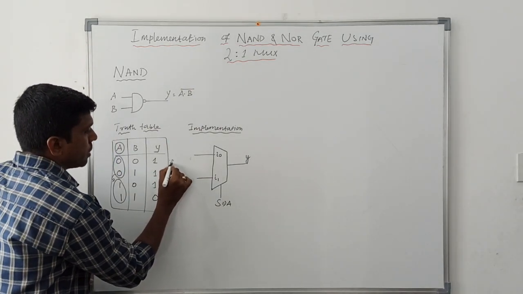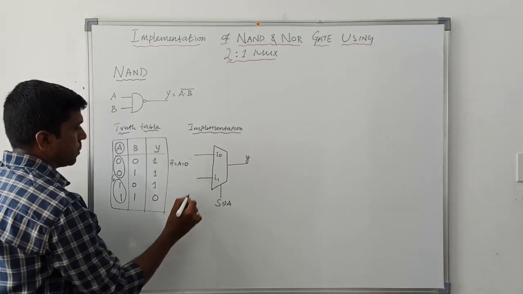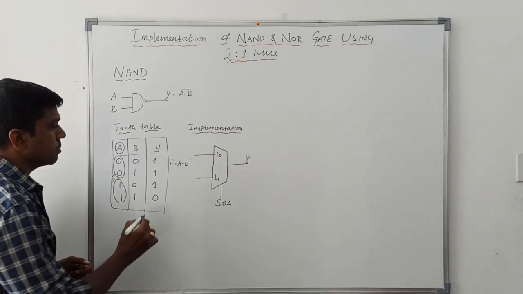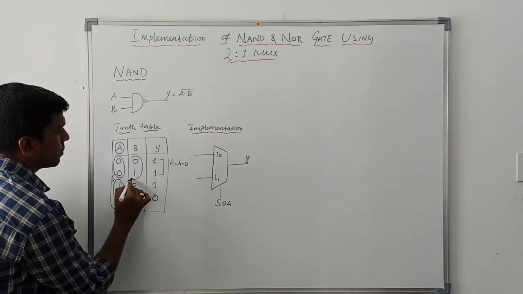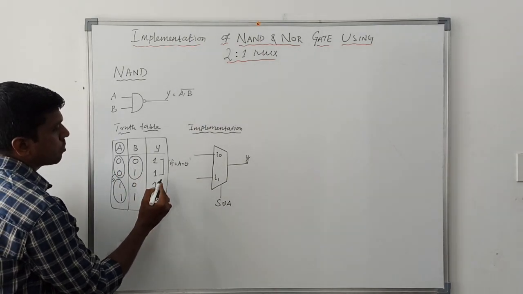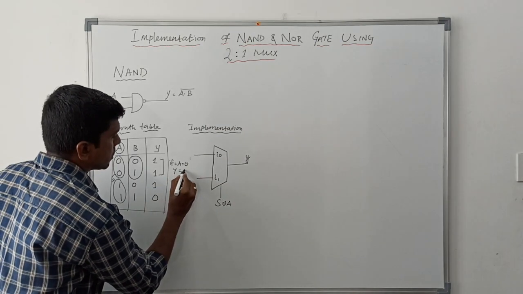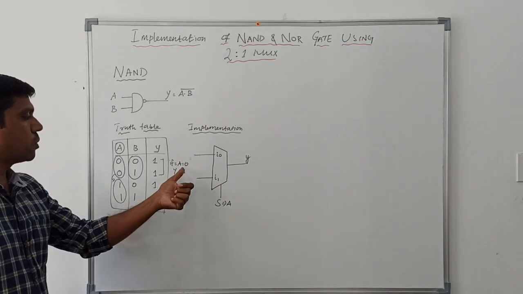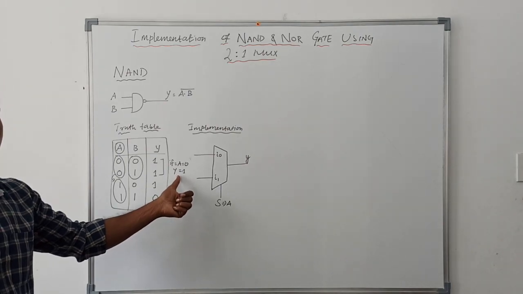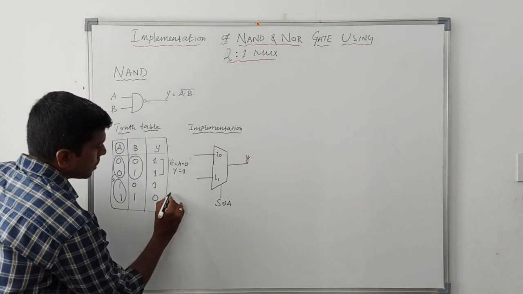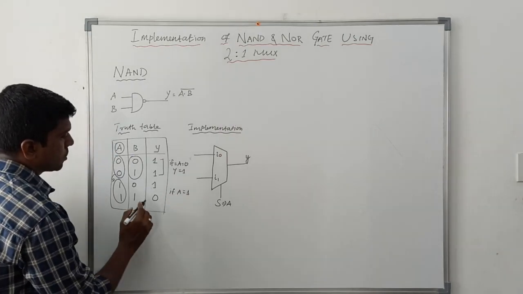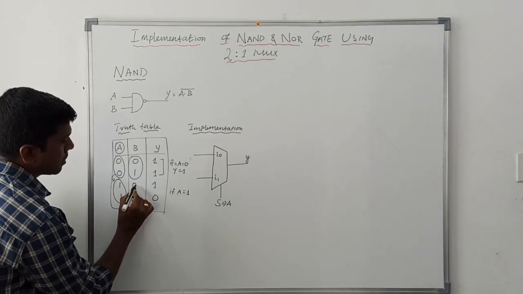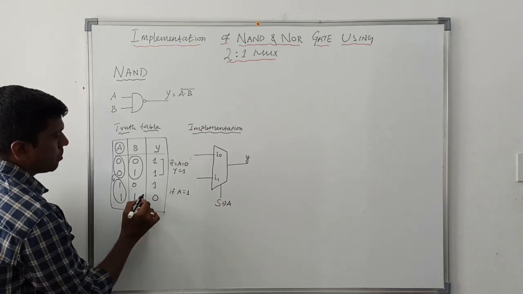If A equals 0, the output value equals 1, irrespective of the B value.